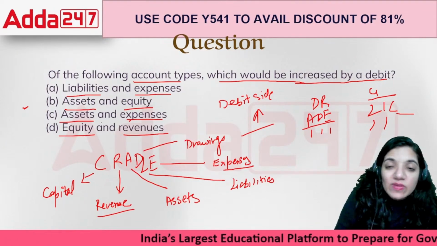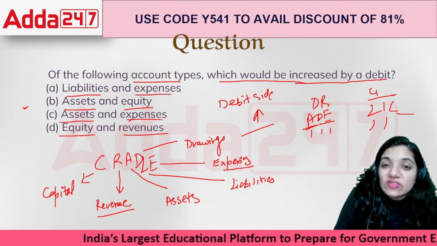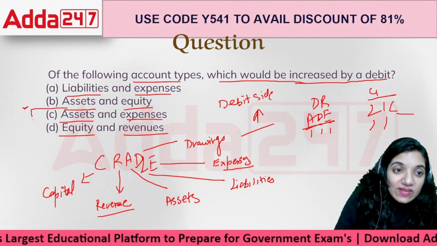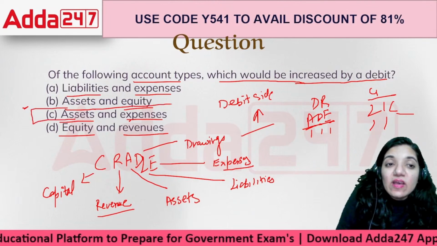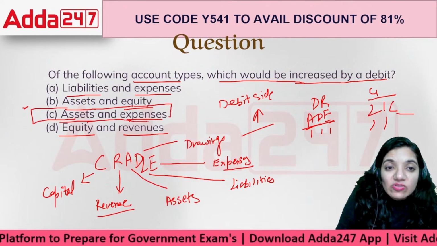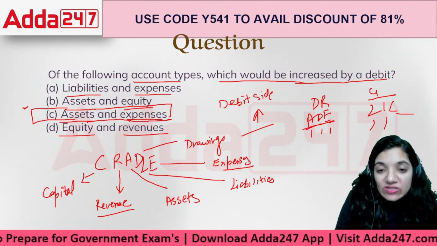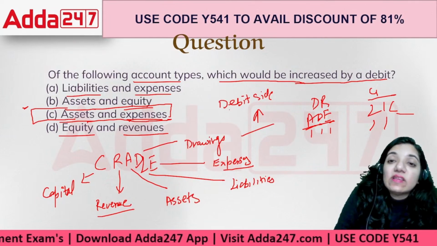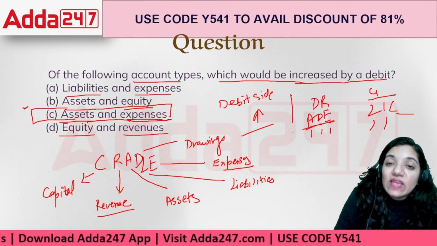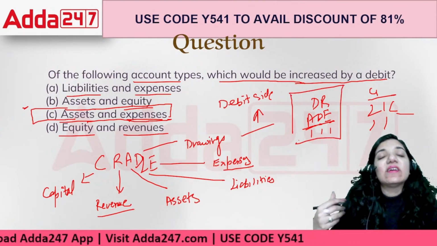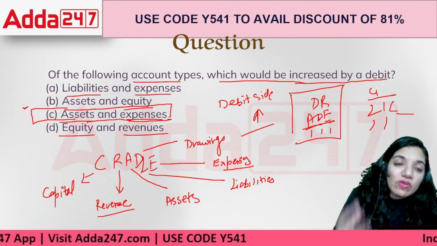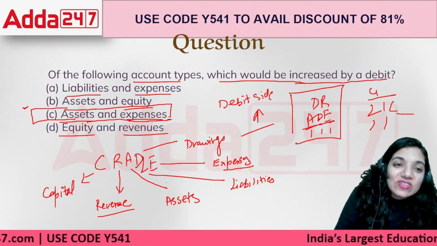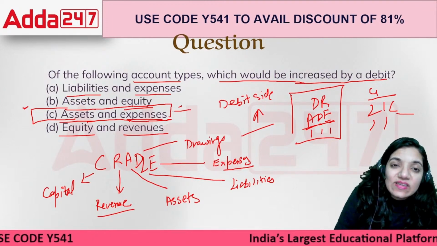The answer would be wherever you find assets, drawings, and expenses. Here I cannot see drawings anywhere, but I can find assets and expenses in point number 3. So assets and expenses here would be treated as this, right? The assets would increase if they go to the debit side. Expenses would increase on the debit side. Drawings would increase from the debit side, right? So in this case, the correct answer is C.